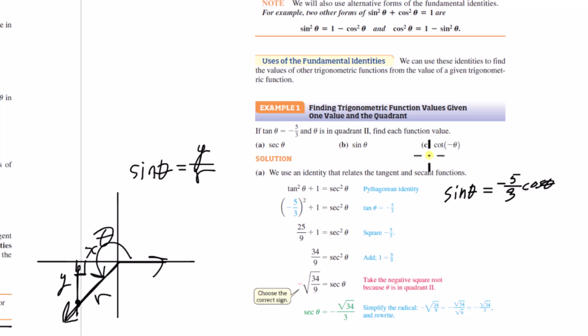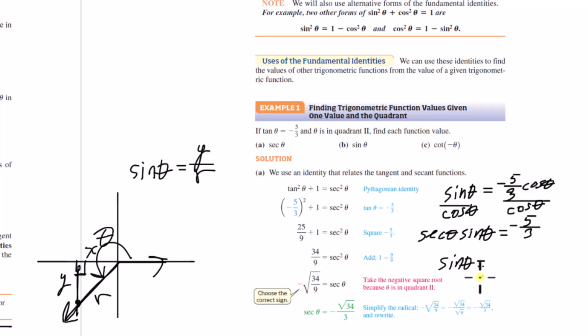But they're probably not going to have us use this because this actually came third. So, yeah, we have secant. Secant is the reciprocal of cosine. So we could divide both sides of this by cosine. And what we get is secant theta sine theta is equal to minus 5/3. So sine theta is equal to minus 5/3 over secant theta.